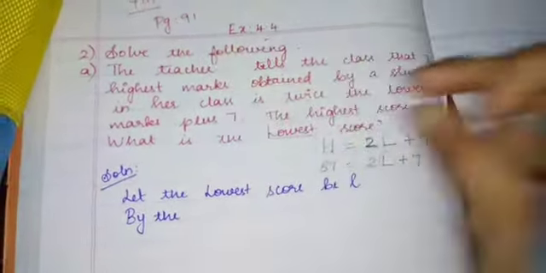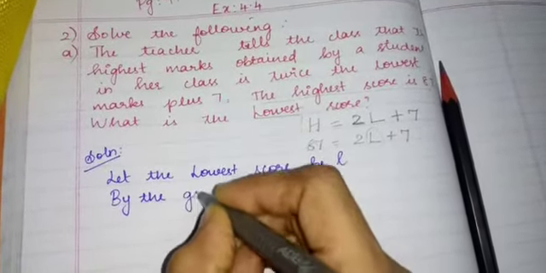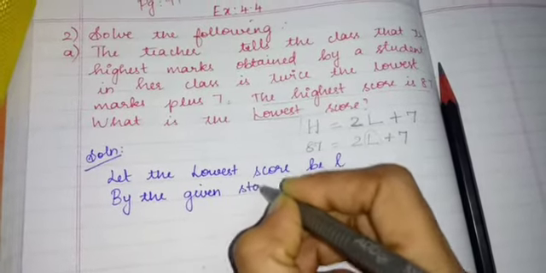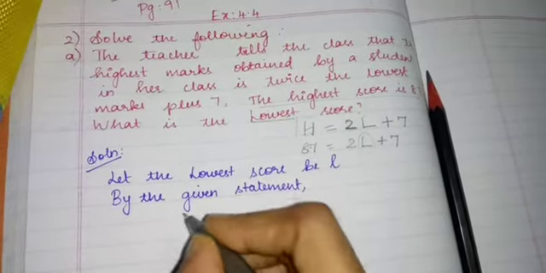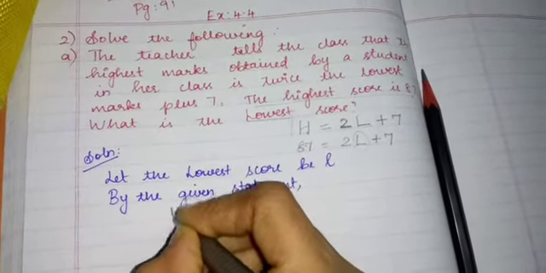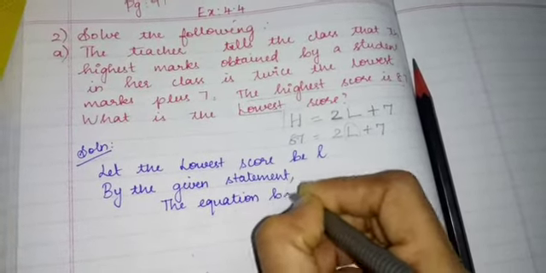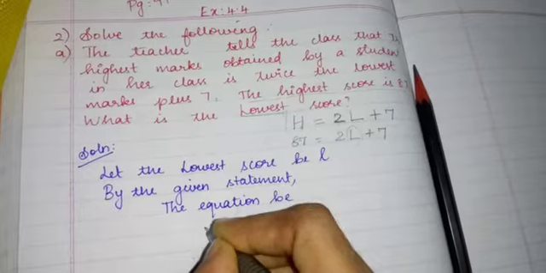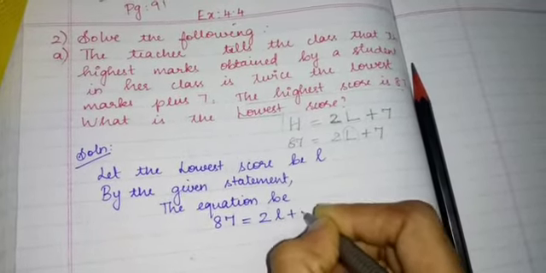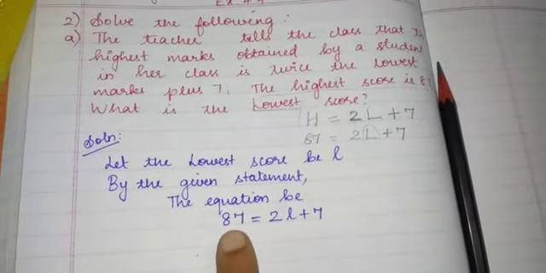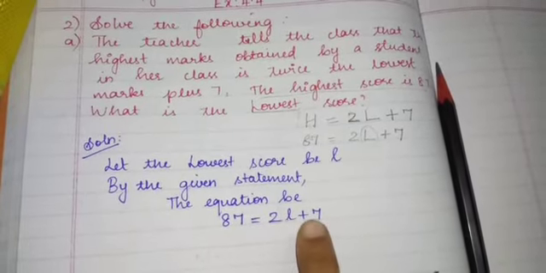You can give a small explanation for everything and write it, or you can directly write: by the given statement, the equation be highest score, which is equal to 87, is equal to 2L plus 7, which is highest mark is equal to twice the lowest mark plus 7.